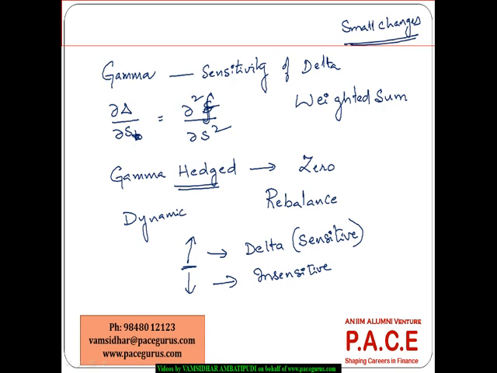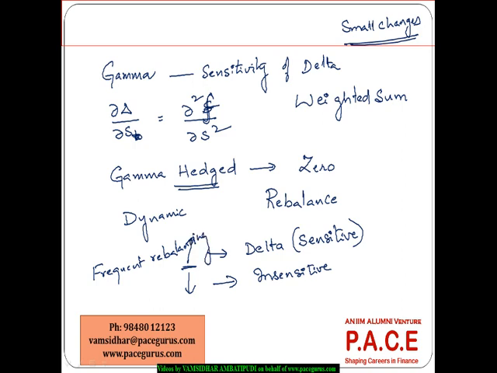So if the gamma is very high, the change in the delta is very high relative to the change in the underlying asset's price, which means frequent rebalancing is required to make it delta neutral.